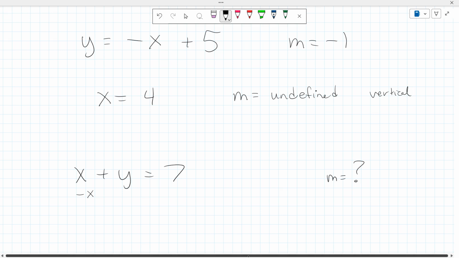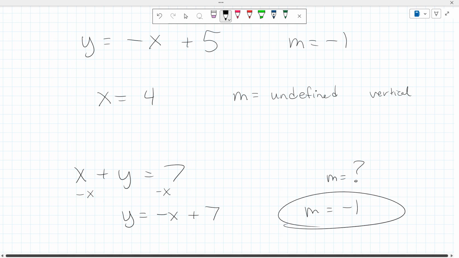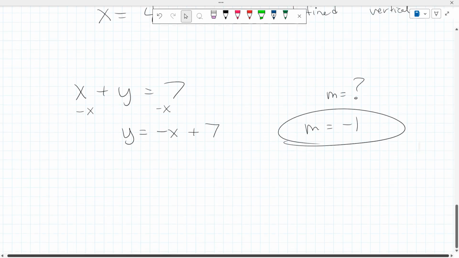Subtract it. So we write it in the form y equals negative x plus 7. What's the number in front of x? Negative 1. So our slope is negative 1.